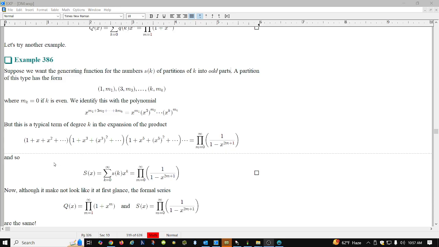And so we need to extract a term of degree, or all the terms of degree k, from this product. This is f of x, this is f of x cubed, this is f of x to the 5th, and so on. So it looks like this product.